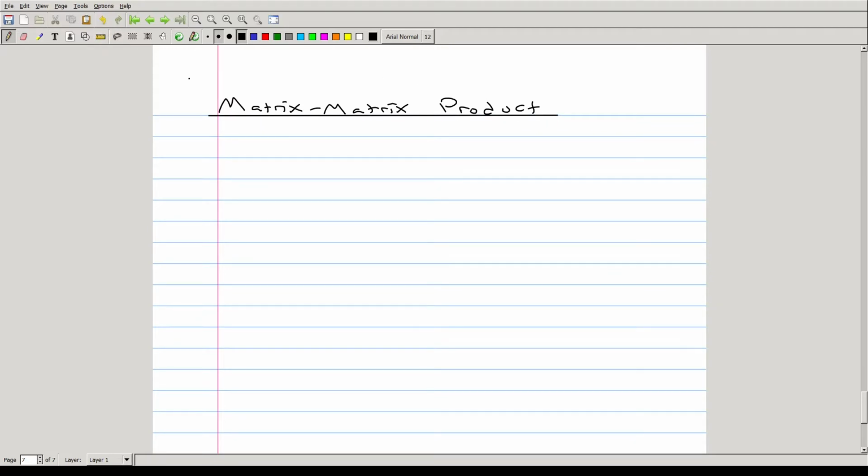For instance, if you ever use MATLAB or similar computational software, very often if you type the multiplication symbol between two matrices, you do not get the correct matrix product. You get something that's called the Hadamard product.